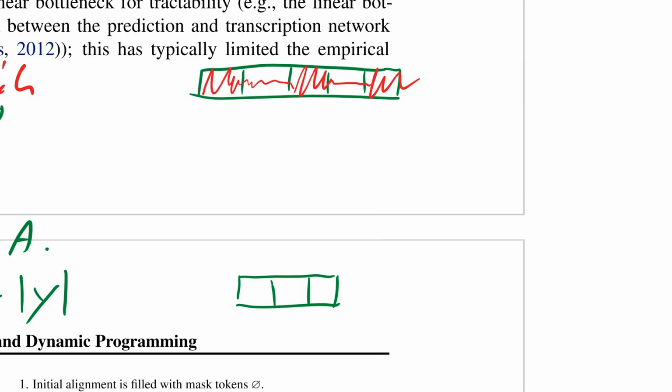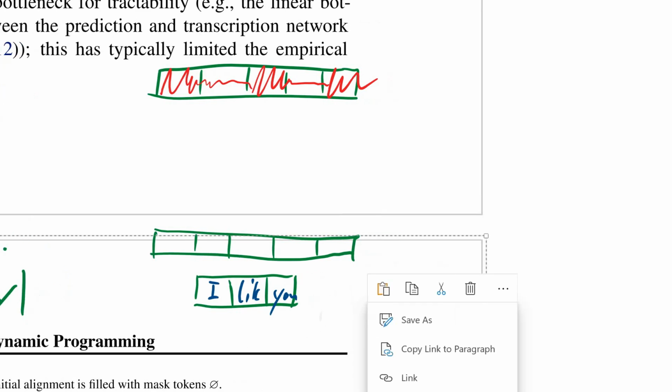First of all, what the Imputer does is it represents I like you not in this form right here, but in a form where you have the same length as X, divided into the same number of chunks.